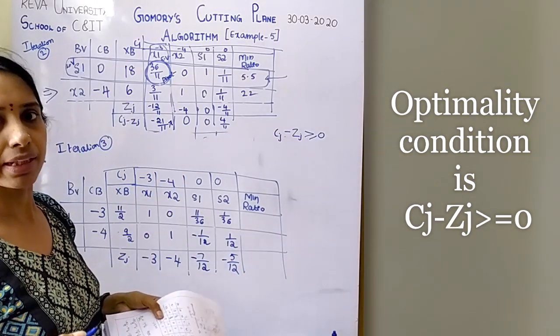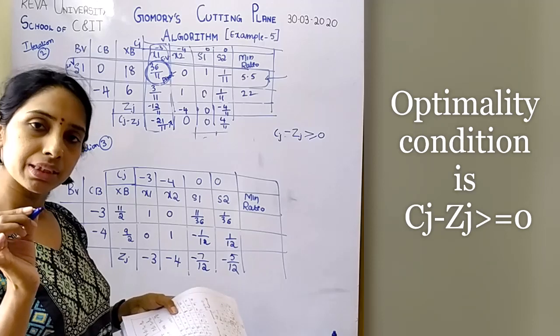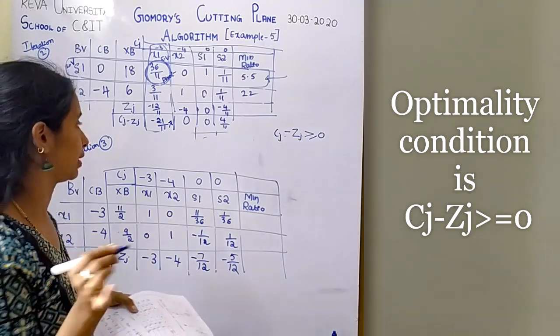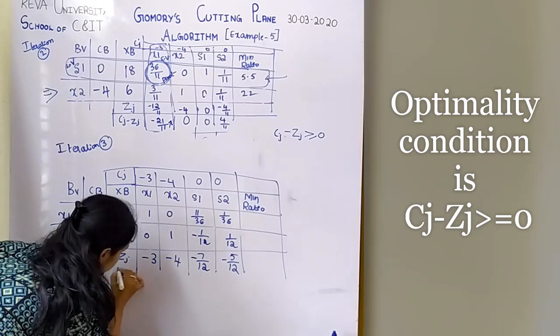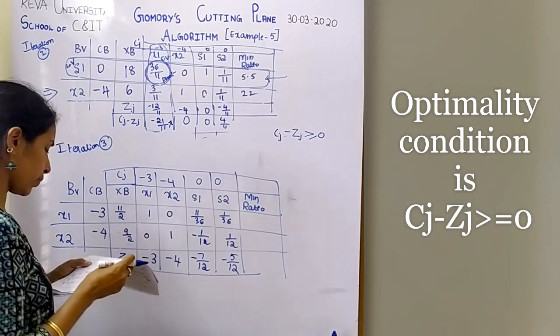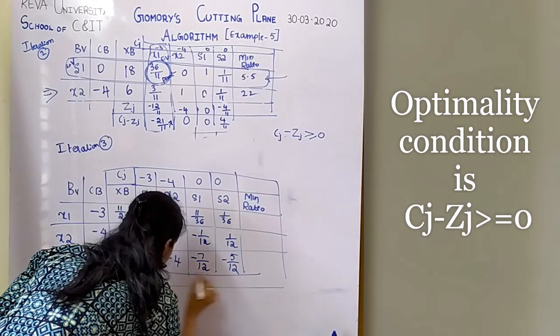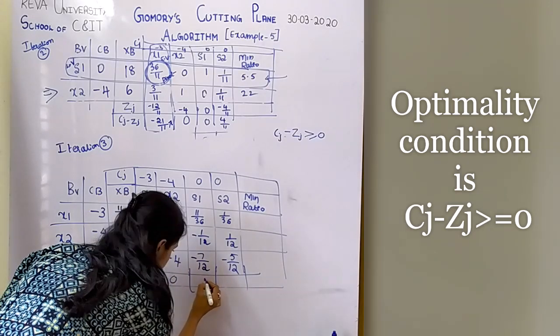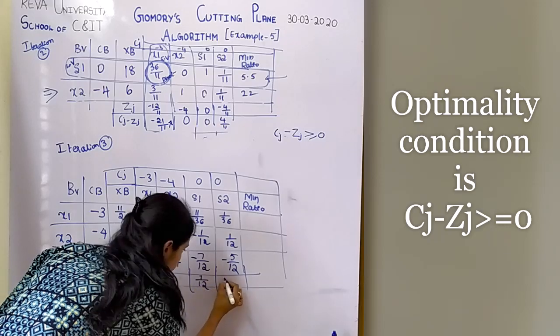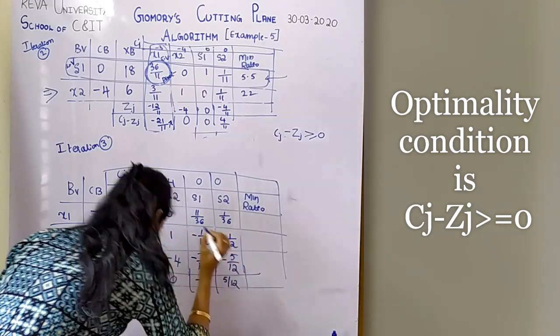What is your next task? You have to find out Cj minus Zj. So you will get 0 here and 7 by 12, 5 by 12.